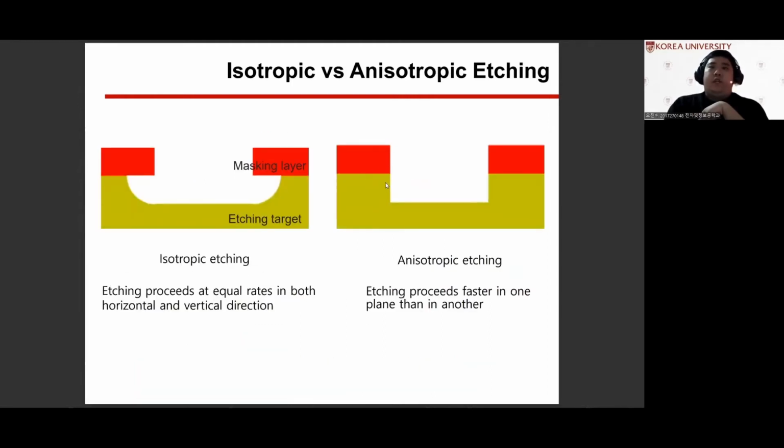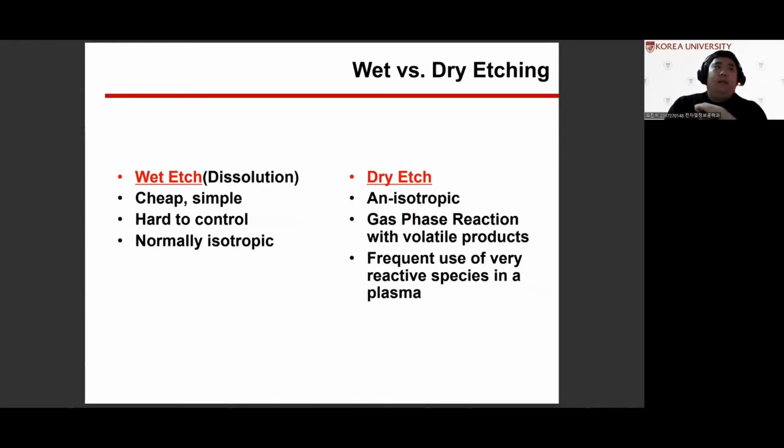For fin-shaped structures, anisotropic etching is usually used, but for other 3D structures such as gate-all-around structures, we can also use the isotropic etching method to make these bridge-like structures.